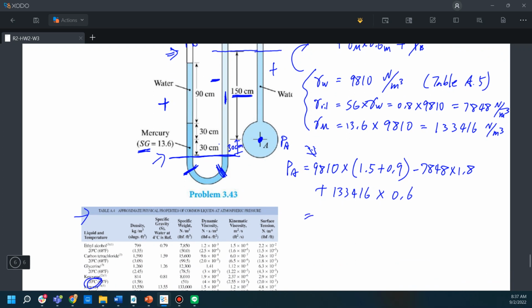Then we'll get the value that is equal to 89467.2 Pa. So it's roughly equal to 89.5 kPa.